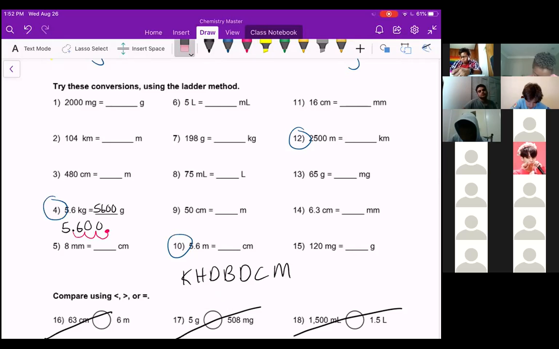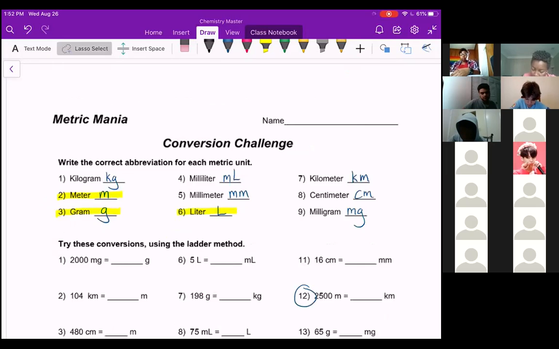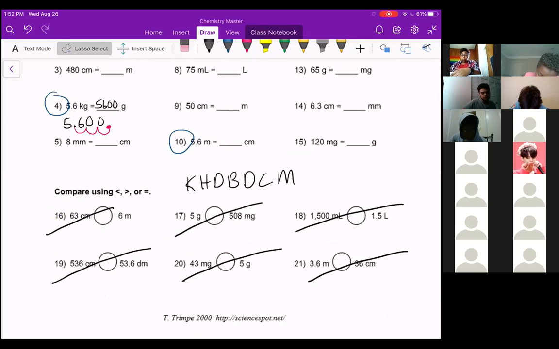All right, number 10, 5.6 meters, and we're trying to get to centimeters. All right, 5.6. You don't have to write the meters. And I think we're in the basic box. Yes, not in the milli box because there's nothing behind that first M. Okay, so we're in the basic box.